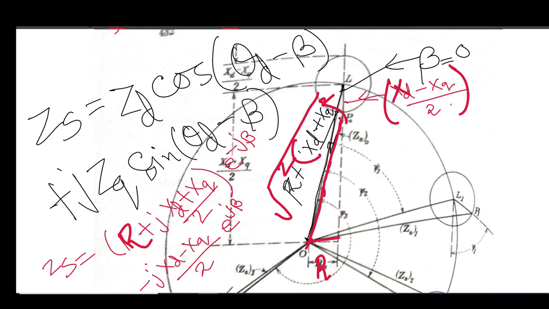So they form a triangle, and this side O to P is your Zs. Because if you look at the equation of Zs, it is principally these two components, and obviously the second part is responsible for this.